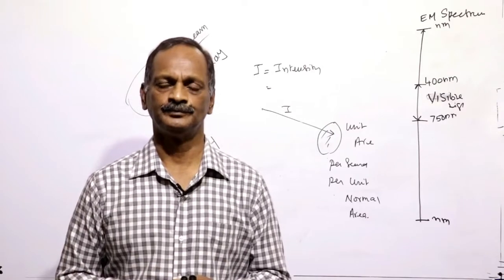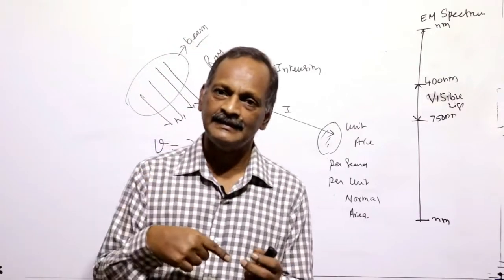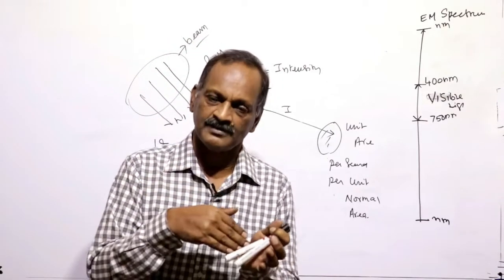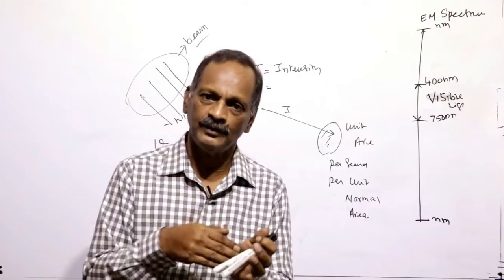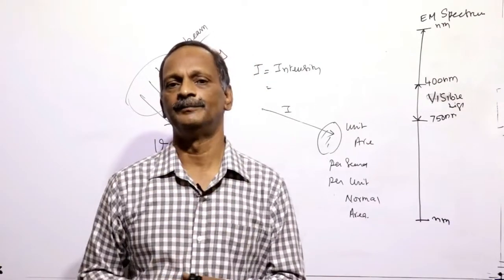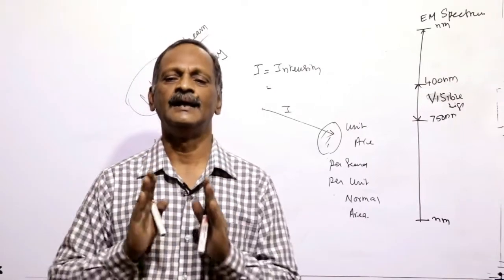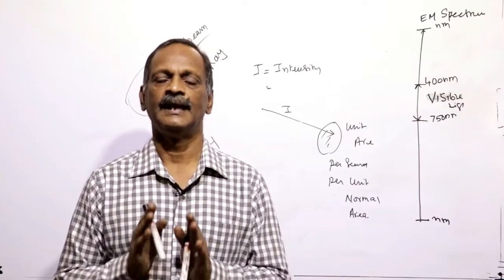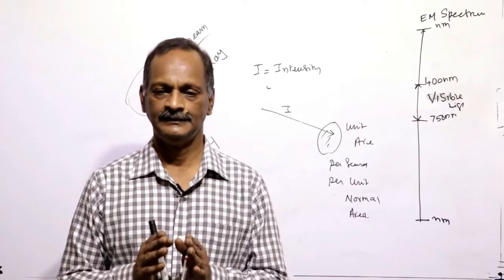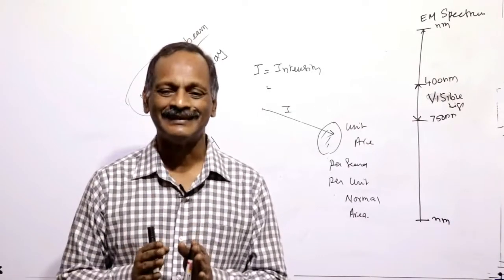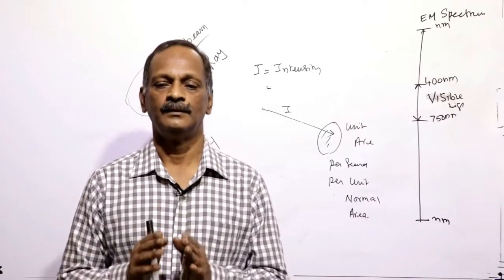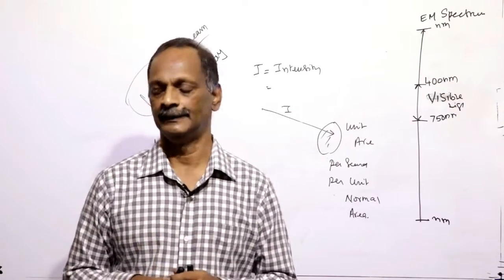What do you mean by that? How much energy is incident, striking a surface per second per unit area? That is called the intensity of the light.